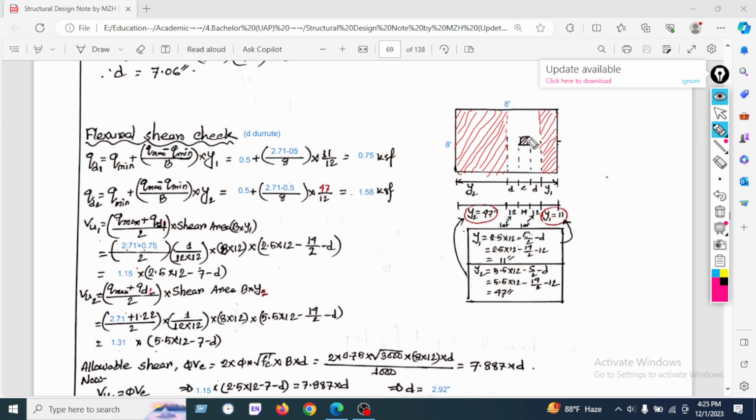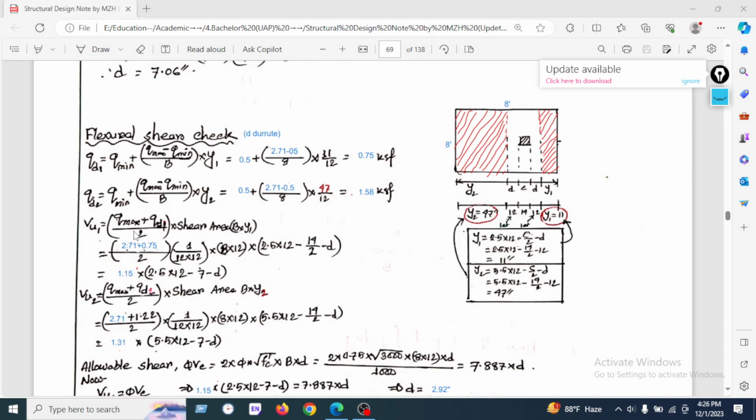My drawing is not that good. Here is the CG of the column, and the wall portion is 5.5. So we need d by 2 to stand. That's why at first we will deduct c by 2, and then deduct the d distance. Then we will find this portion is called d by 2 in 47 inches square. Okay, I hope you got it.